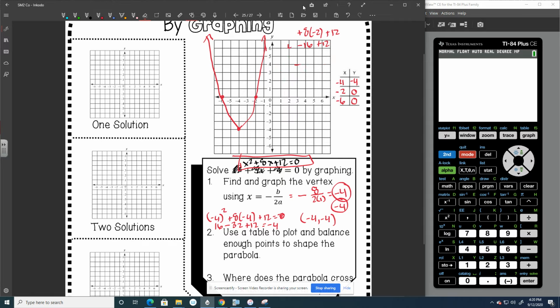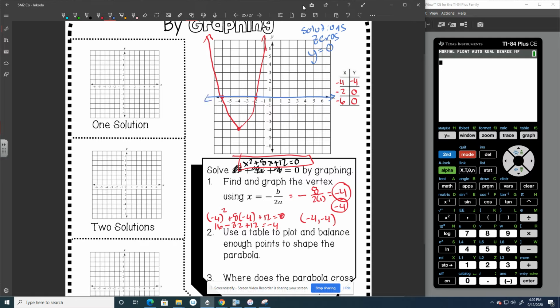So now that I've got my 2 points, I have a couple of options. The numbers that we picked kind of helped us out. But remember, my solutions are also called zeros. They happen when my y is equal to 0. So my solutions happen when my graph crosses my x-axis right here.